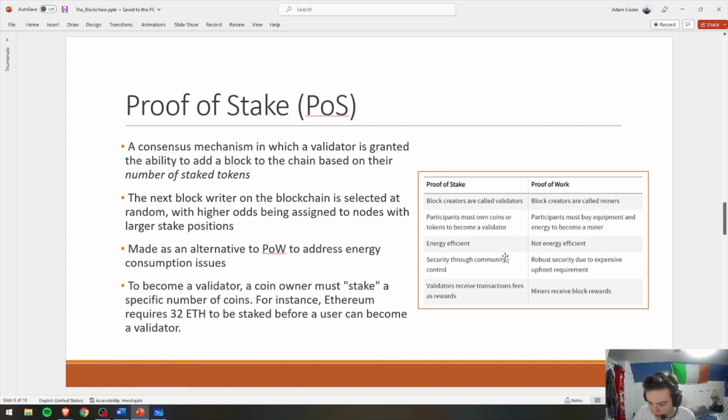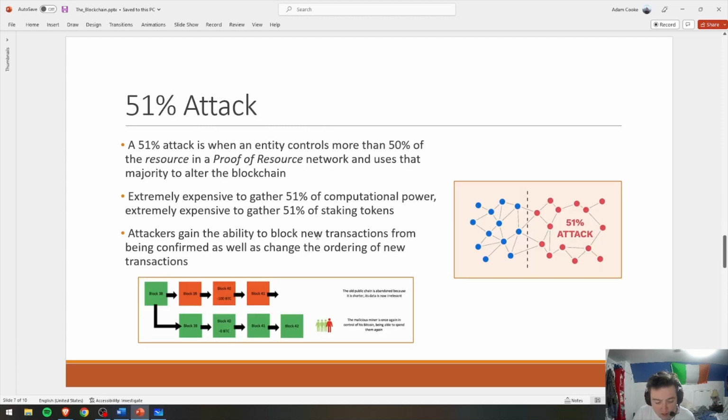You can look at this table here, but it's not too necessary. So briefly, let's talk about the 51% attack. You can go more in depth and search it up yourself if you want, but the gist of it is that if you control 51% of the resources within a proof-of-resource network, so 51% of the compute power or 51% of the staked tokens, you're able to block new transactions, change history, do whatever. You have full power on the chain.